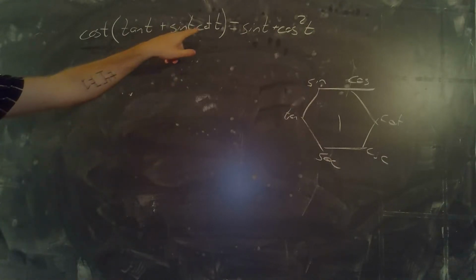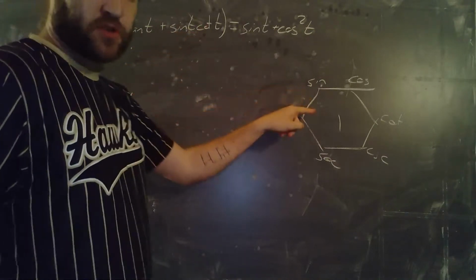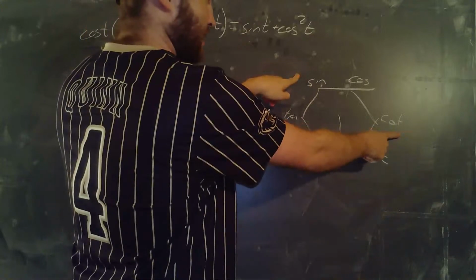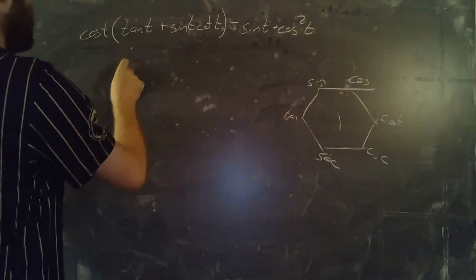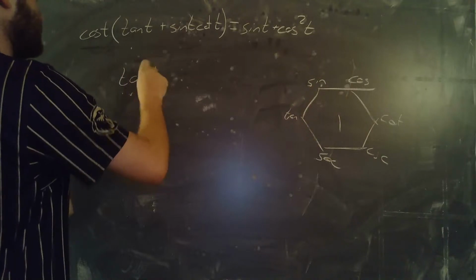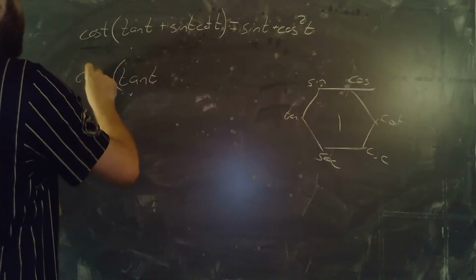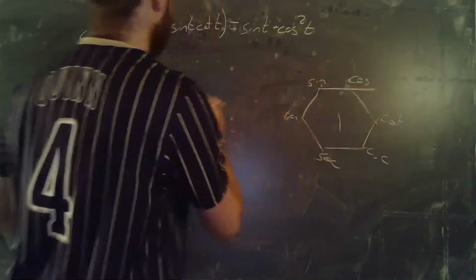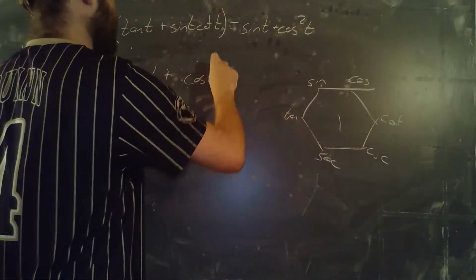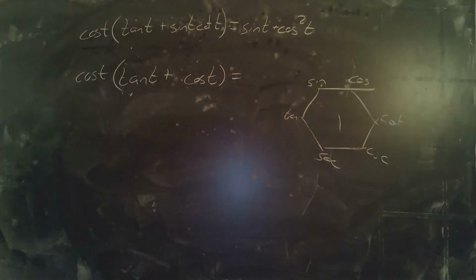Well, notice we have a sine times a cotangent. So we're going to come over to our hex. We're going to check what is sine times cotangent. Oh, hey, look, that actually simplifies. It's just cosine. So we'll have tangent t, we'll have cosine t plus, and then sine times cotangent is just cosine, so this is cosine of t. It looks like that.